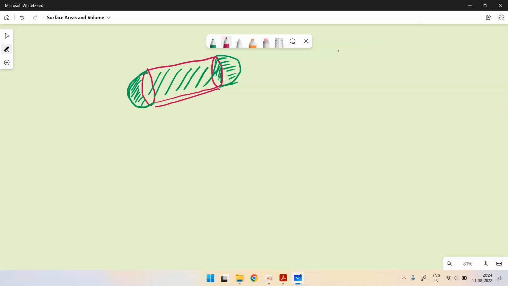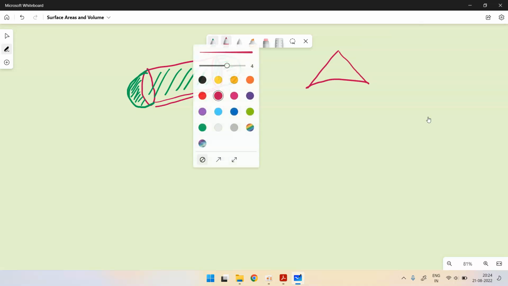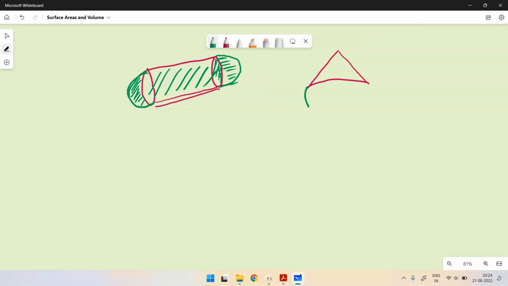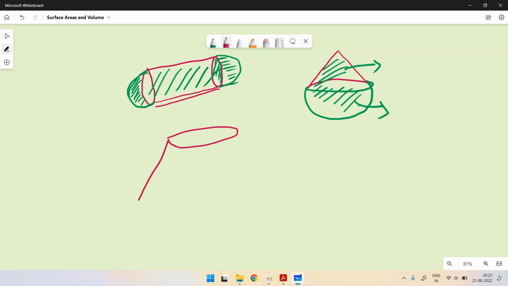Next comes a cone surmounted on a hemisphere, like this. Find the total surface area or the volume of this. Individually add the two. There can be infinite questions.